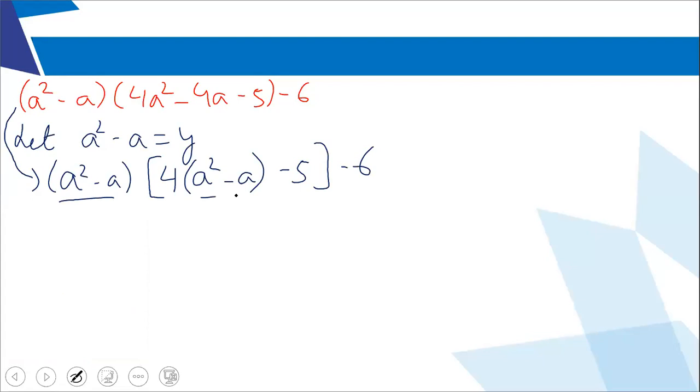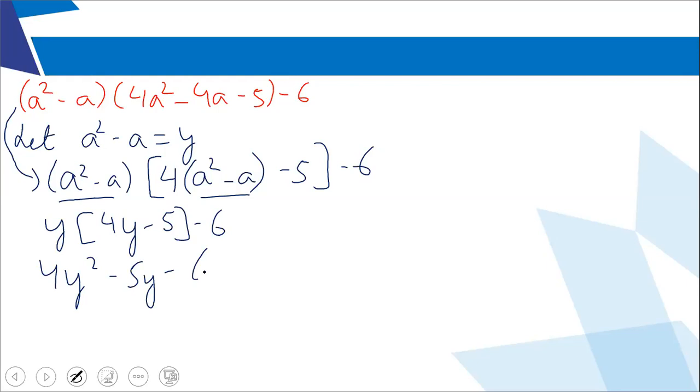These I will replace with y. So 4y square minus 5y minus 6.